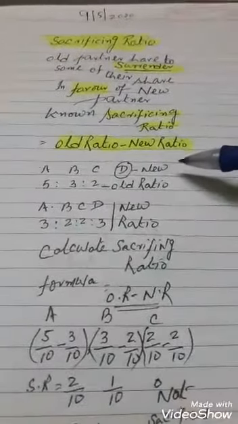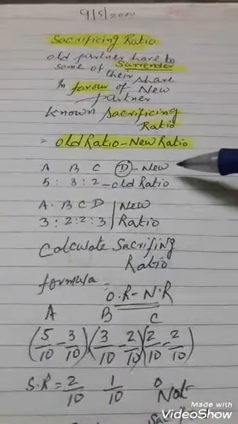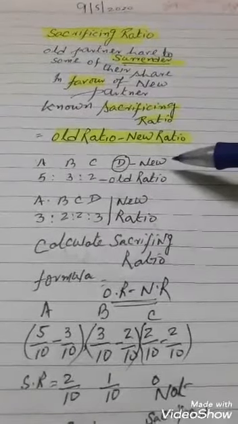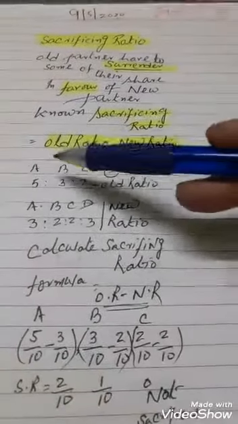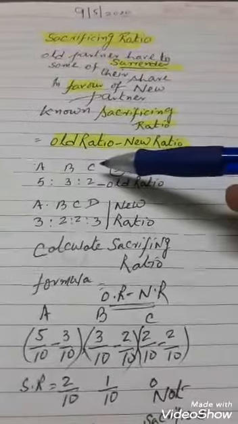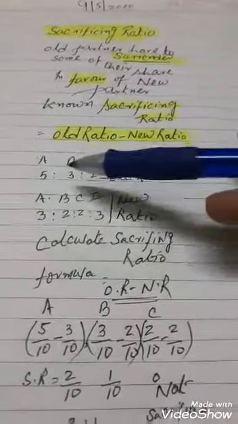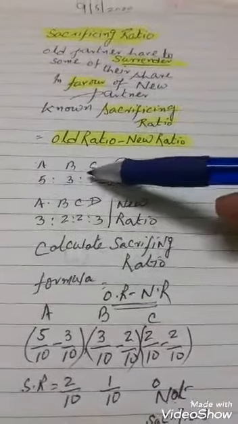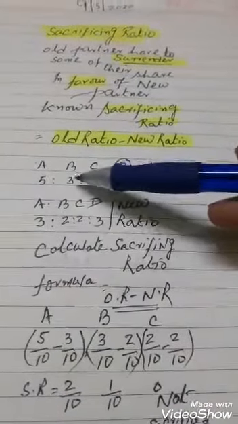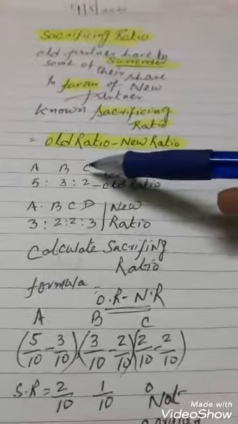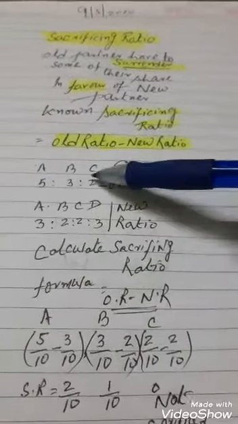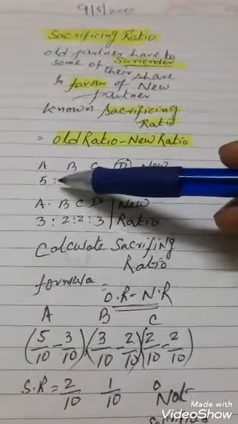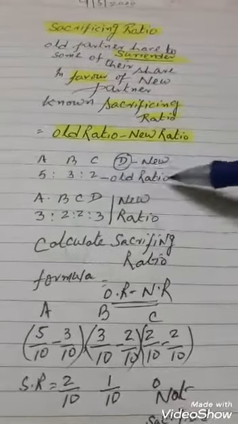I can make it more clear with an example. Suppose there are three partners A, B and C. Their ratio is 5:3:2. Three old partners A, B, C, ratio is 5:3:2.